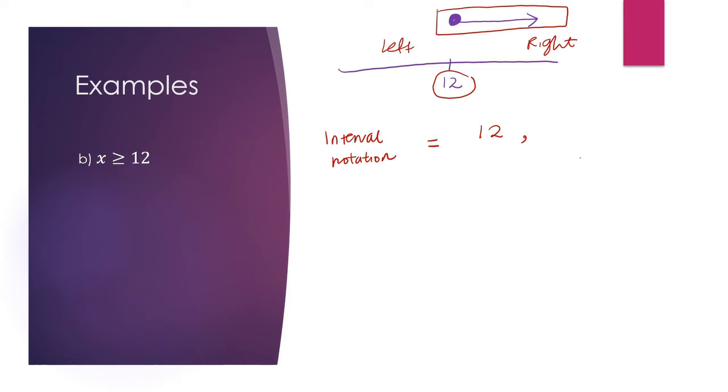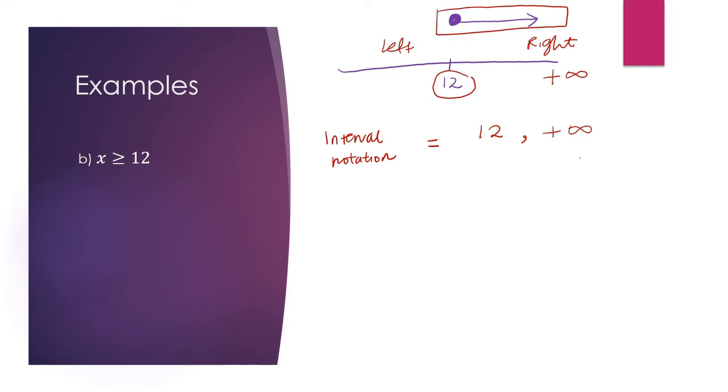Now on the right, there is no number on the number line, but my arrow says that the number will keep on increasing. The number will keep on getting bigger and bigger. I don't know how big it will be, but it will get so big until at one point I can write it as positive infinity. So on the right here, I have positive infinity.